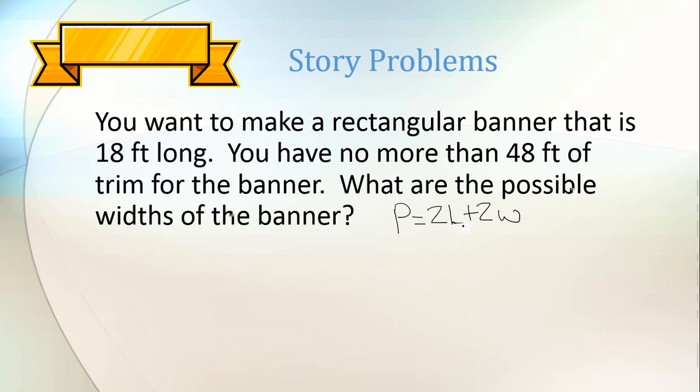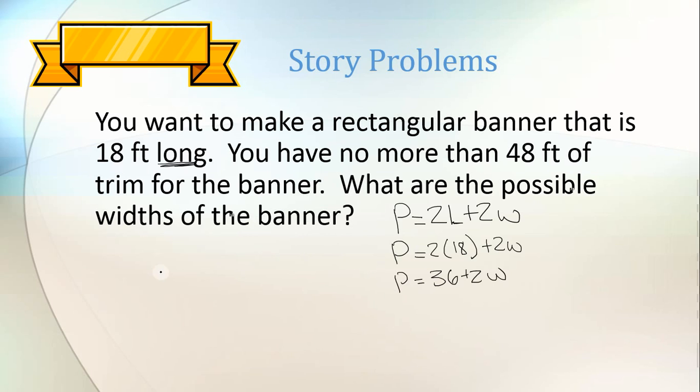Now, they gave me my L. They gave me how long I am. So 18 feet. So I got P equals 2 times 18 plus 2W, because I'm looking for my W. So now 2 times 18 is 36. Now, they say my perimeter or my trim can be no more than 48 feet.